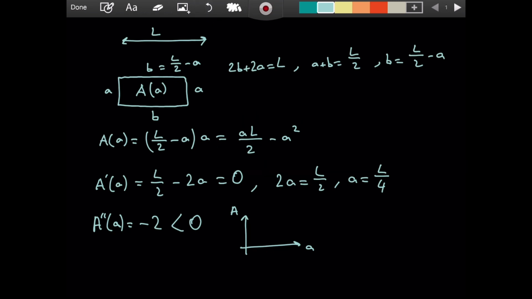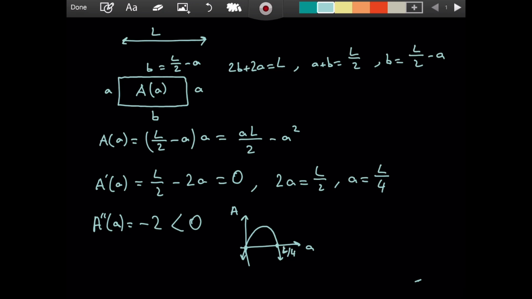So this is touching the origin, which means that the origin is one of the roots of this parabola, and the other root, well, we just found it, didn't we? That root is here, and it turns out it is L over 4.